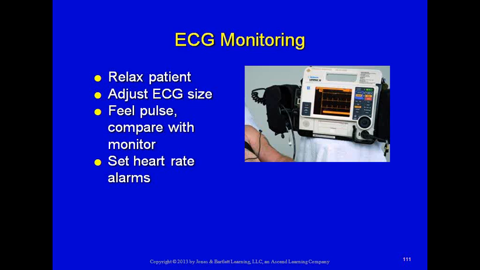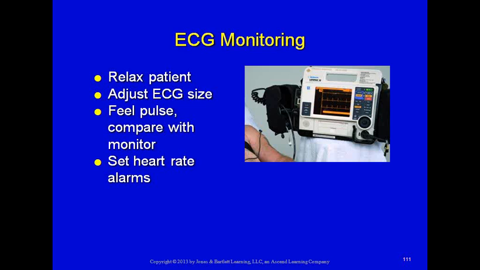Once you have your patient all wired for sound, plugged in, ready to go, you want to have your patient relax, because things like muscle tremor and movement will cause artifact and make it very difficult for you to identify the rhythm.